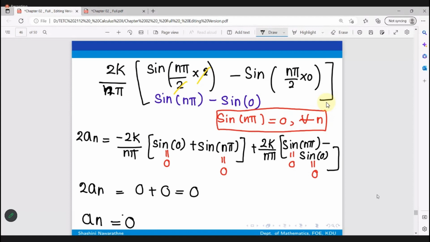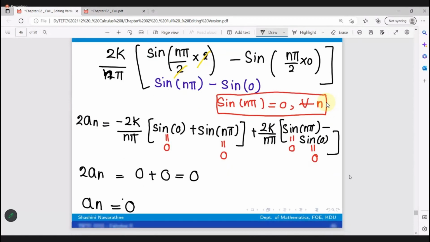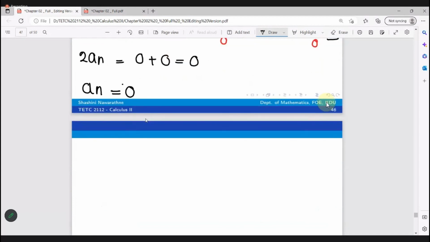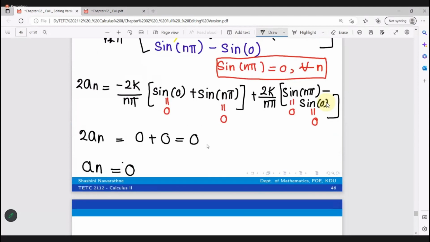Okay. Now we need to find Bn. Try to find it on your own.